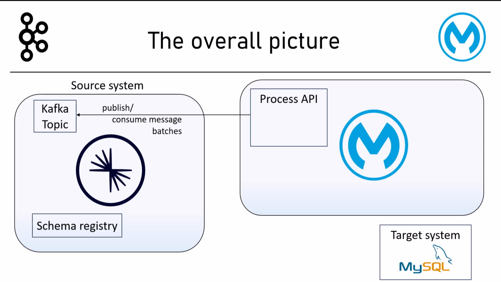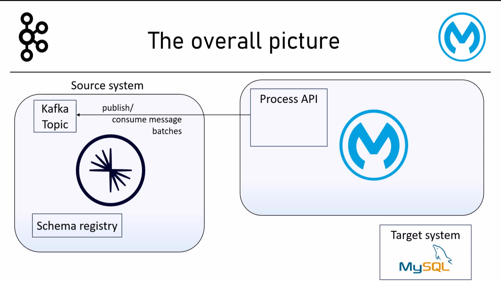The next purpose the process API serves for is the usage of the schema registry. As already mentioned, the Avro schema, which is required for serializing or deserializing the message data, is administered by the schema registry.